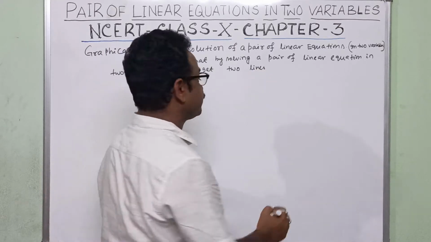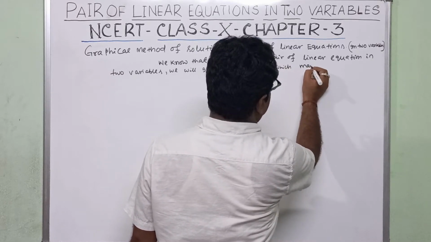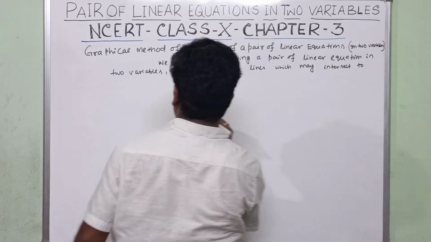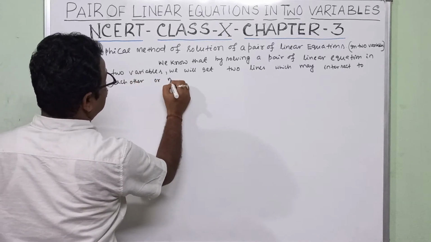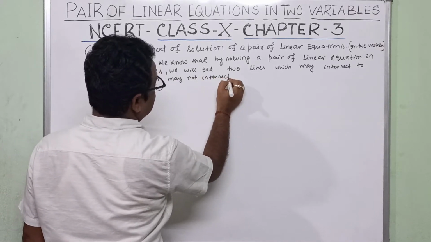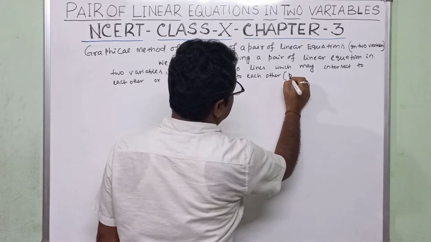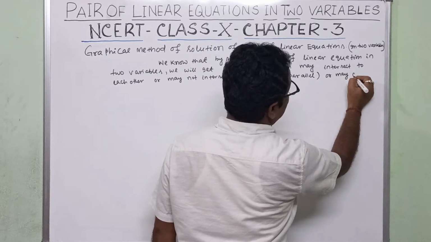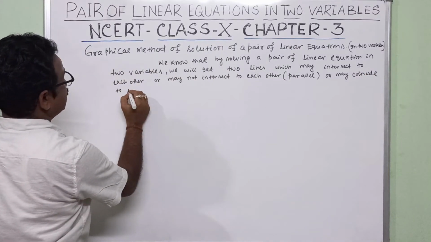Lines means straight lines, which may intersect each other, or may not intersect each other, parallel, or may coincide with each other.